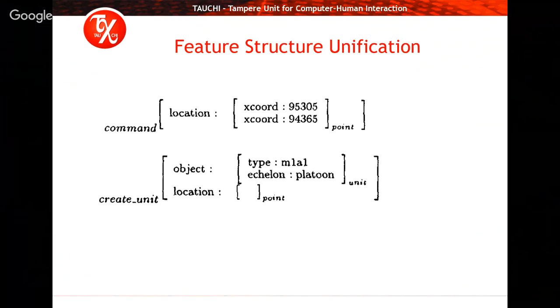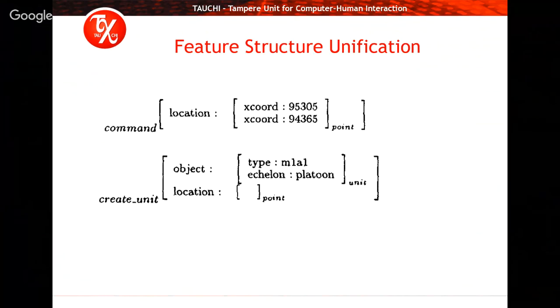It will be turned into this kind of feature structure. Create unit, recognized from speech. This comes from the tank platoon idea. And this comes from the fact that in the system configuration, there is a definition that, okay, create unit always has location. So we didn't get the location from the speech, so it remains empty.